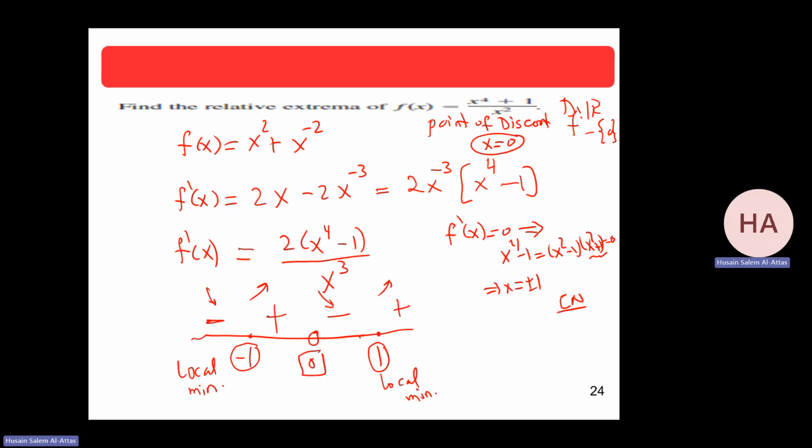At 0, the function is undefined, so I have nothing. So how many? You have local minimum at x equal minus 1 and at x equal 1. Nothing at 0. So you have two relative extrema.